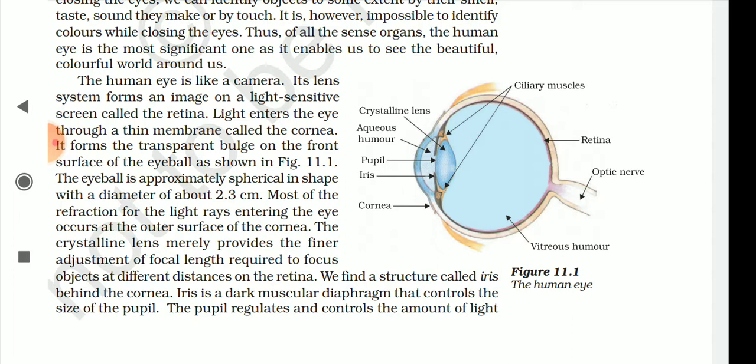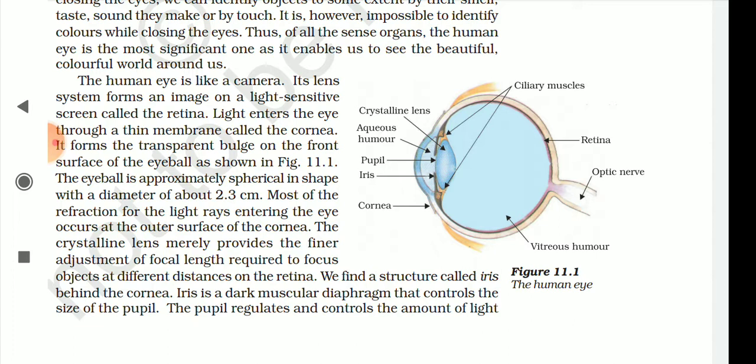Now we find a structure behind the cornea, which is also known as iris. See over here, they have given us the function of the iris. Iris is a dark muscular diaphragm that controls the size of the pupil.